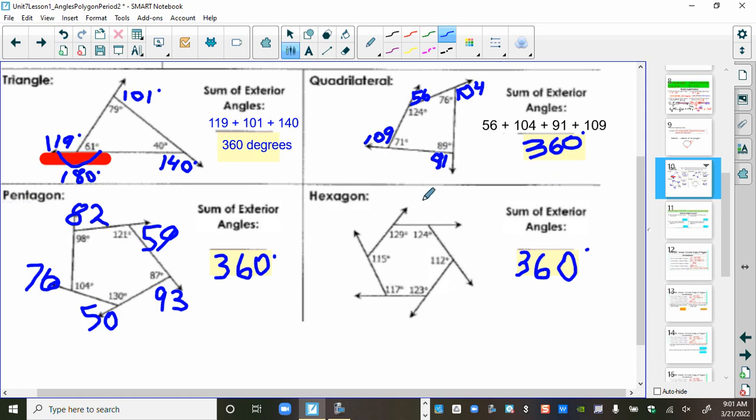Last one, same thing. I'll just write them in, but you check. 51, 56, 68, 57, 63, and 65.